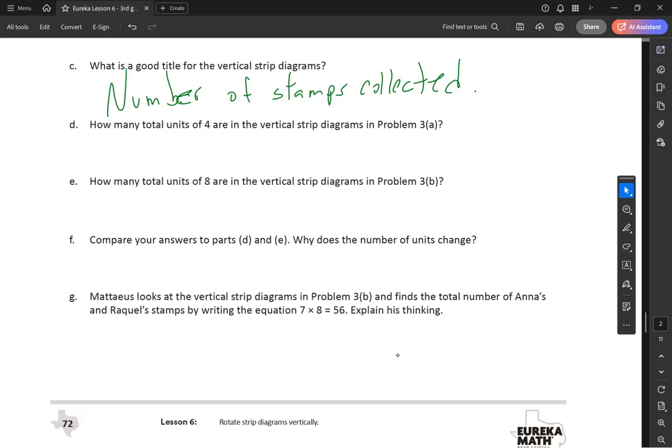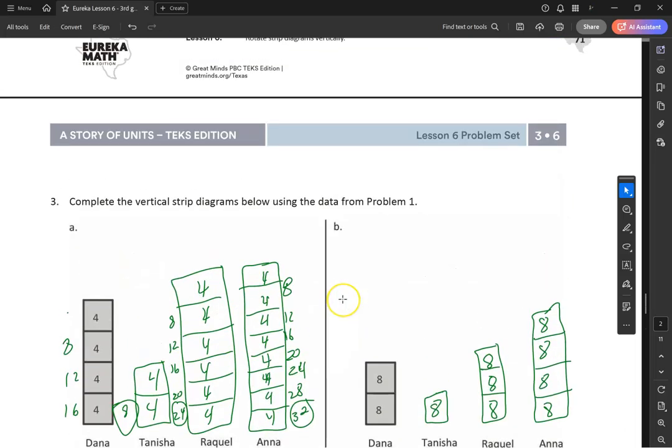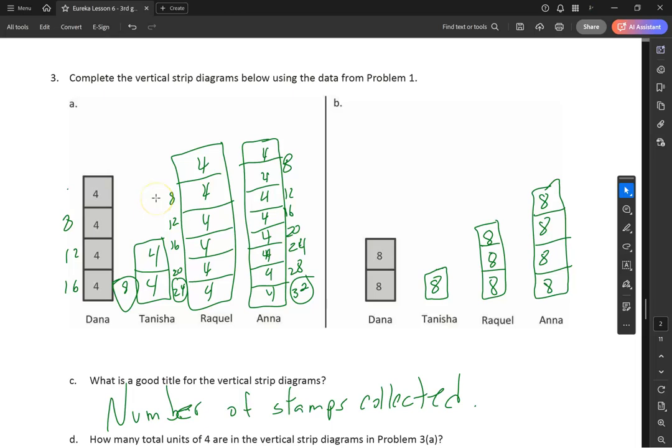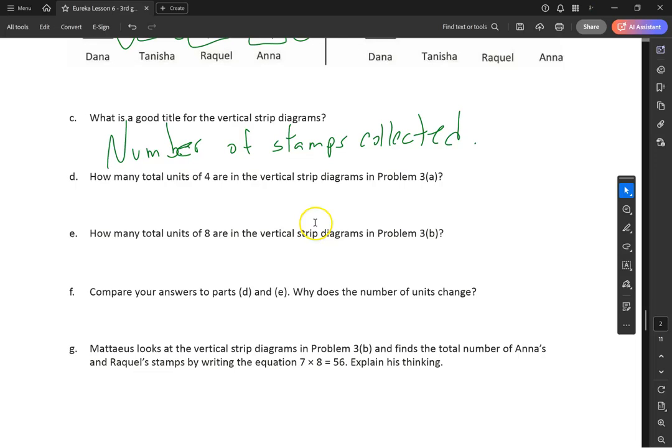Okay. Next, how many total units of 4 are in the vertical strip diagrams in problem 3A? 3A. So let's go to 3A. They want to know the number of vertical strip diagrams there are.